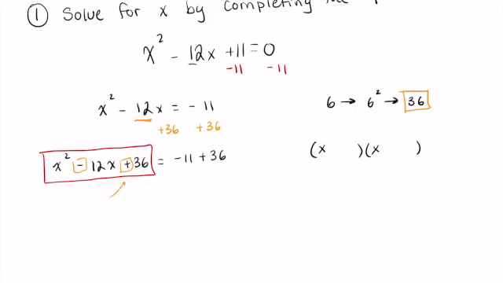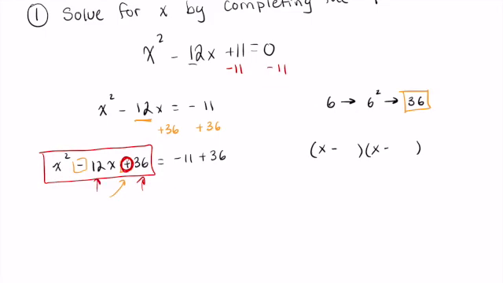The only way to get a positive with that constant is if my 2 factors are negative, because when we FOIL that out, the last process is always the last times the last, and a negative times a negative gives me that positive. So I need to figure out what number is going to multiply to give me 36 and add to give me 12.